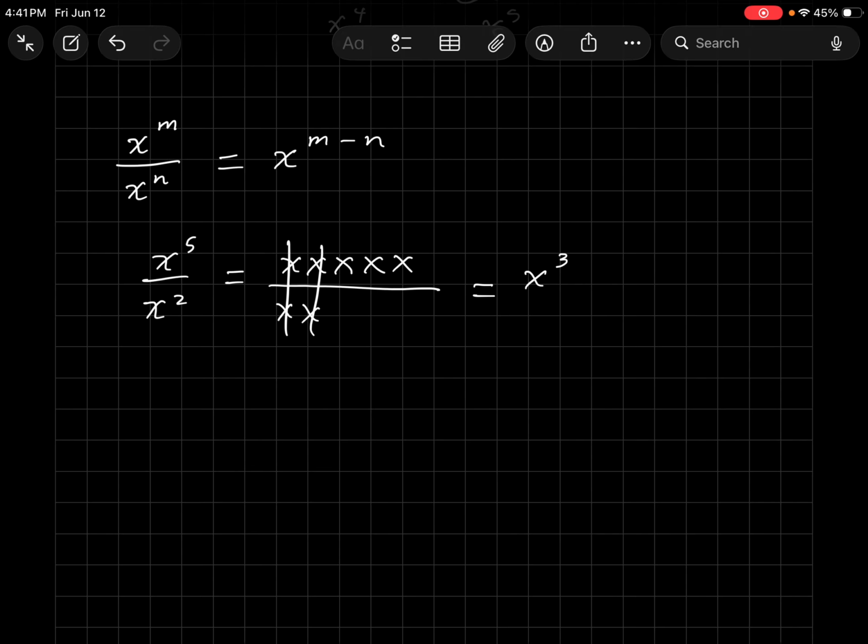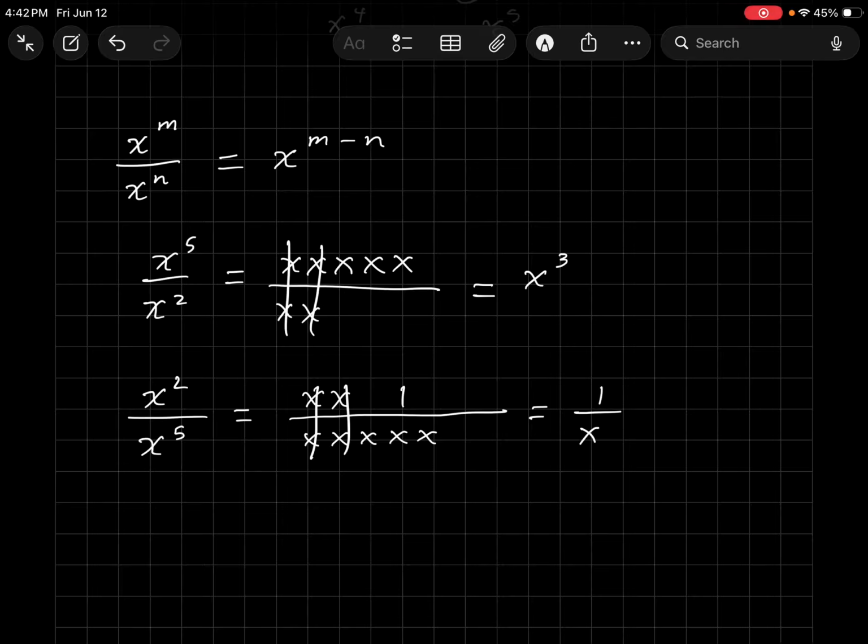Okay. What if we had it upside down? What if we had x squared over x to the 5th? Let's write this out longhand. Get all the x's that we need. And now we can start canceling. x over x. Now be careful. x over x is 1. It's not 0. It doesn't disappear. It's 1, assuming x doesn't equal 0. And then I can cancel out another x, and I'll put a 1 there.